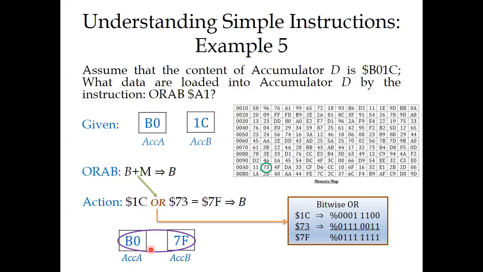But the content of B is changed because of the instruction. Right? The content of B is changed to 7F. But the question was asking what will be the content of accumulator D, meaning the whole thing. So your answer should be B0 7F, even if B0 was not changed.